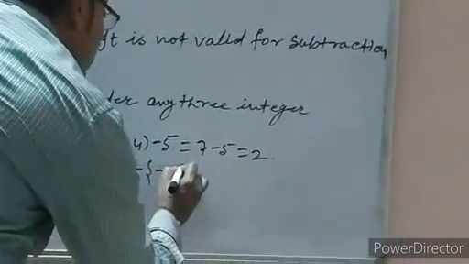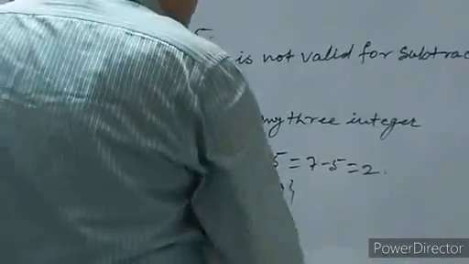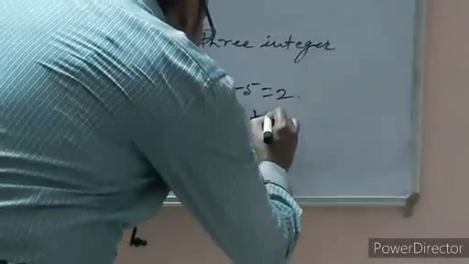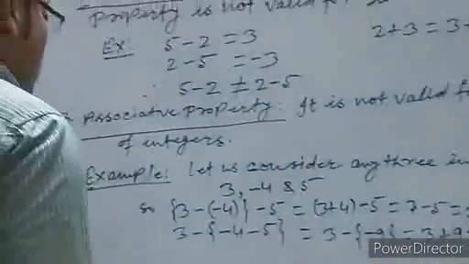Minus 4 and minus 5, it is 9. So 3 minus 9 equal to 3 plus 9 equal to 12. That is not equal.